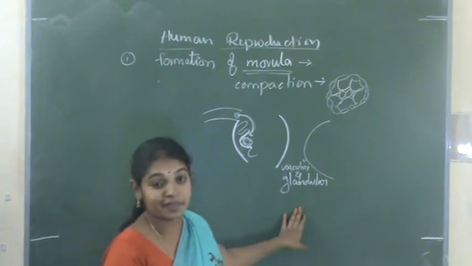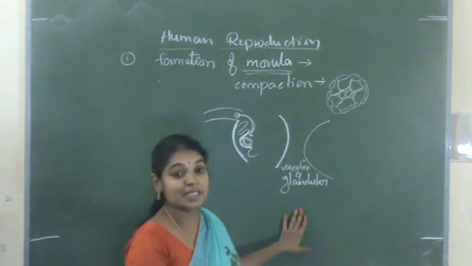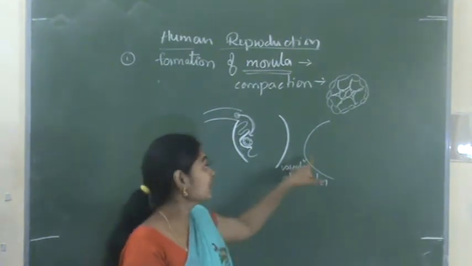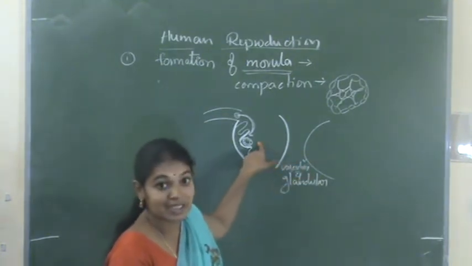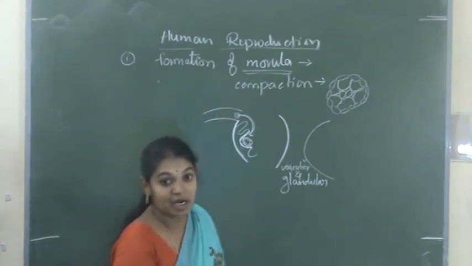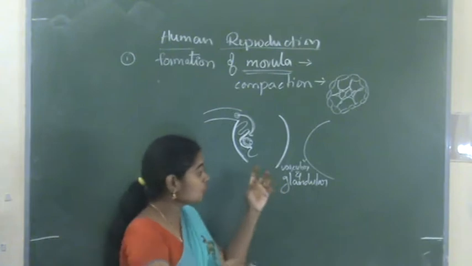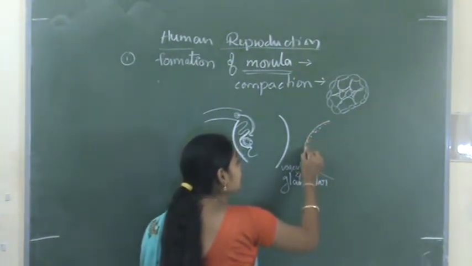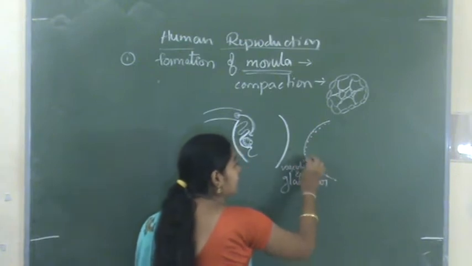The secretions of the glands present in the endometrium are the source of nutrients for the developing embryo. These glands secrete substances which help in the nourishment of the developing embryo. That is why this endometrium layer is highly vascular and glandular.